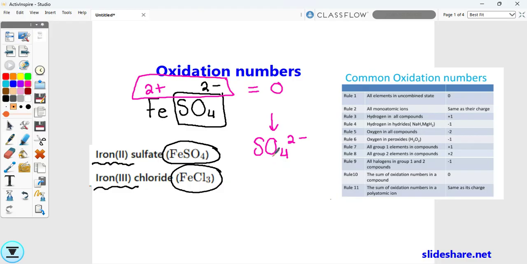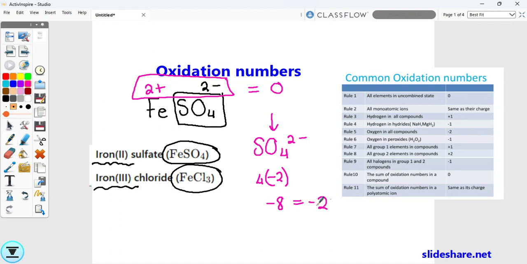Alright, so if you're looking at oxygen here, you know that oxygen is -2, but we don't only have one, we've actually got 4 of them. So we've got 4 -2s, which means that we end up with a -8. But this time we're not aiming for 0, we're aiming for a 2-, so we need to end up with -2.